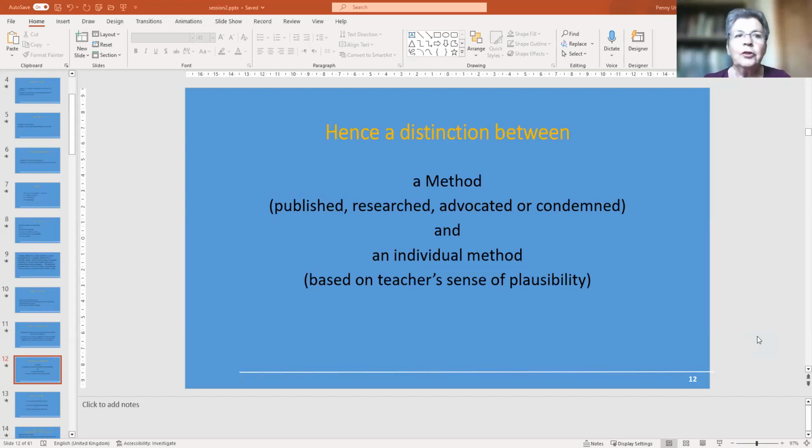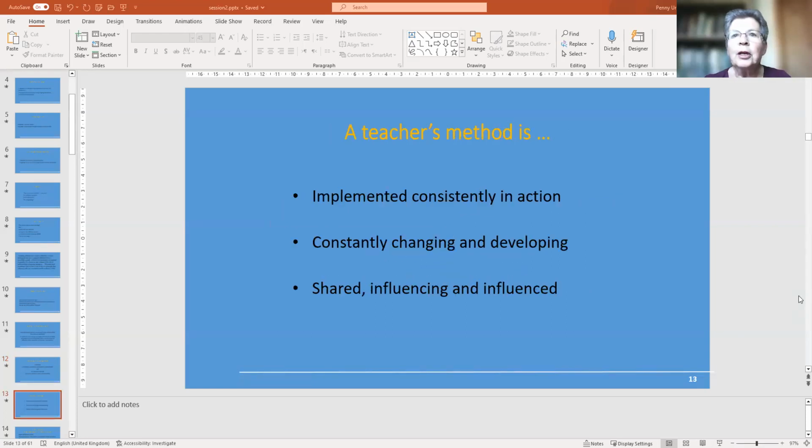Although he says, I can't remember what I put in the next slide. This is the definition of a sense of plausibility or method: implemented consistently in action, constantly changing and developing, shared, influencing, and influenced by other people's methods or plausibility.